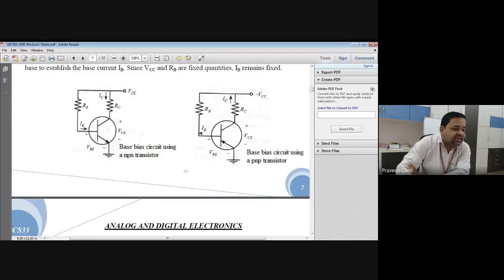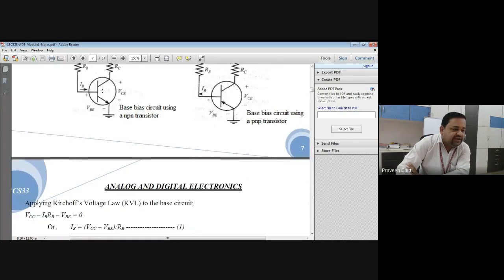In order to apply KVL, there should be a closed path or a closed mesh. For this VCC, the positive terminal is connected here and the negative terminal is connected to ground, so there exists a closed loop or closed path. Now we can apply KVL to the input side.